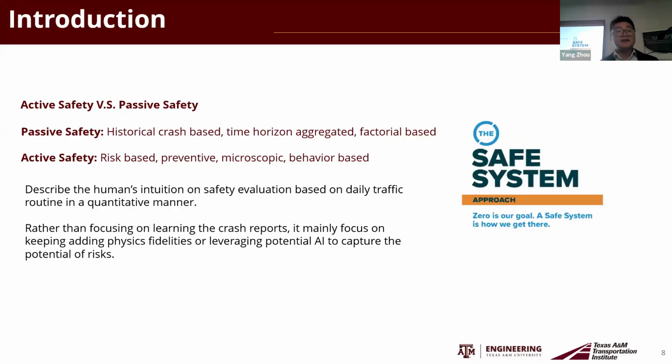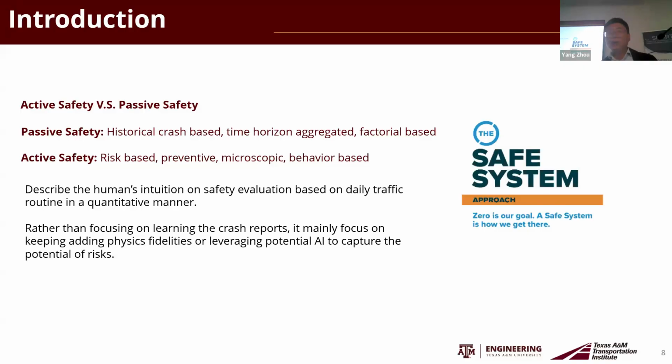One is passive safety, which is based on crash data and crash report datasets, and is usually historical, time-horizon aggregated, as well as factor-based. For active safety, we usually believe it is risk-based, preventive, microscopic, and behavior-based. Even though active safety has been widely discussed, there's never been a formal definition of active safety.